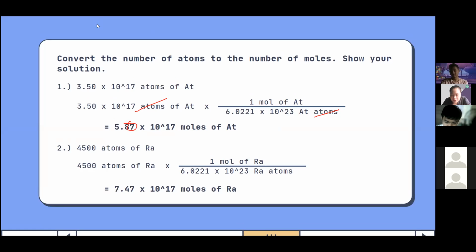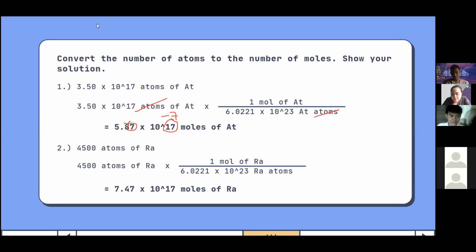This is 5.81 times 10 raised to the power of what? That should be the answer here. Raised to the power of, this should be negative 7. So please take note of that.